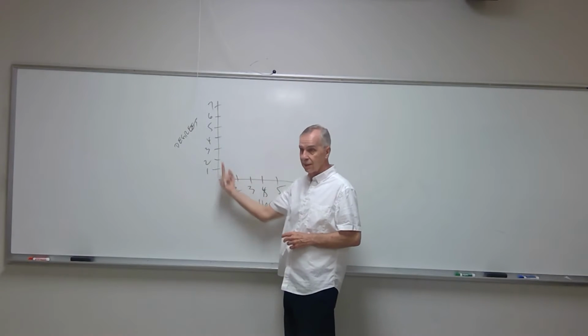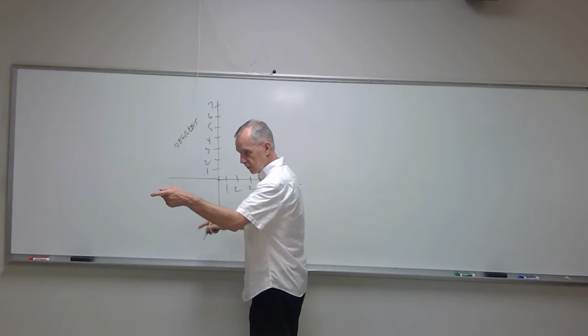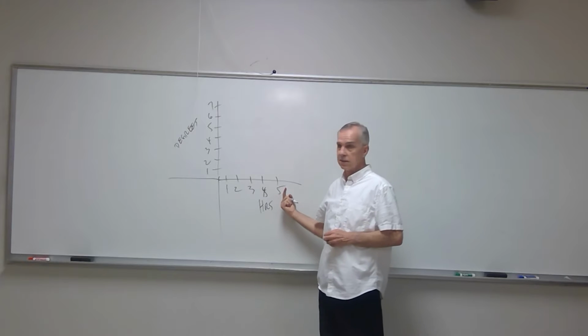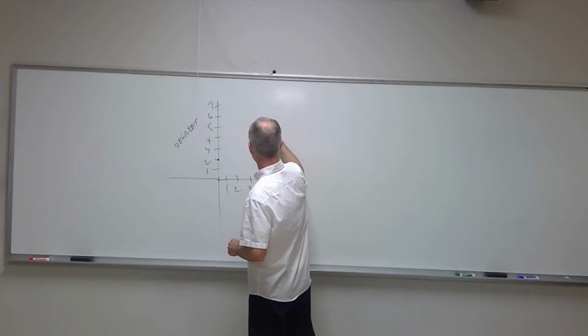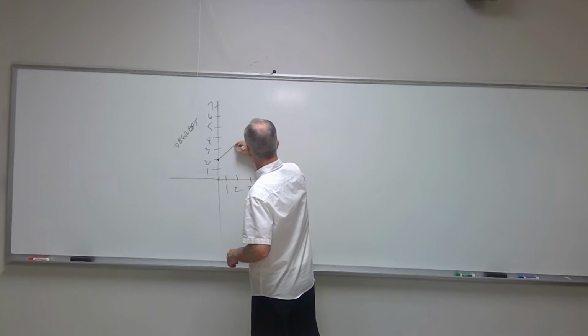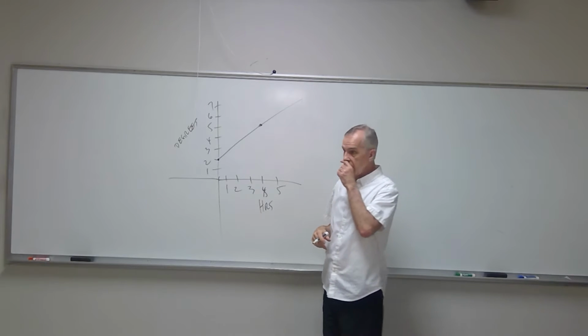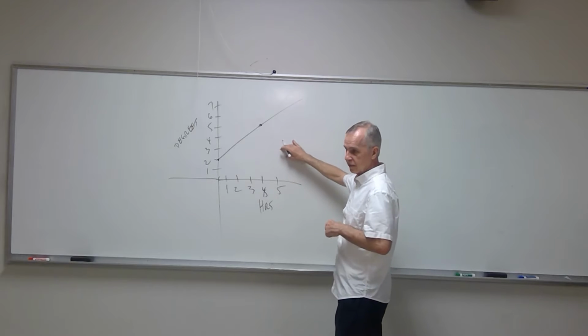Degrees, the temperature goes up, the temperature goes down, and then time marches on. So let's say I've got a graph that looks like this. I want to write the equation for this one. And this is a perfect graph, so you should be able to figure it out.